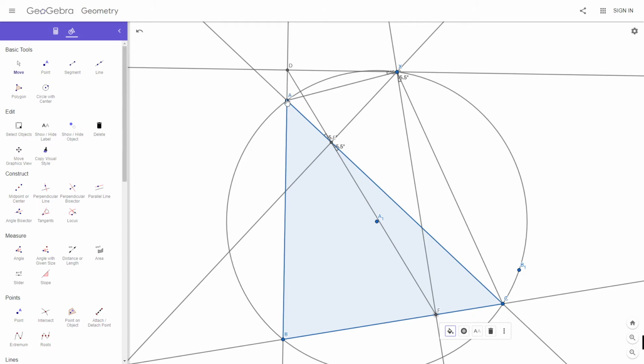And also in the cyclic quad AXCB, we have that AXC is equal to 180 degrees minus ABC, which means that AXC is equal to DXF, which means that DXA is equal to FXC as required, and thus proving that DEF is in fact a straight line.